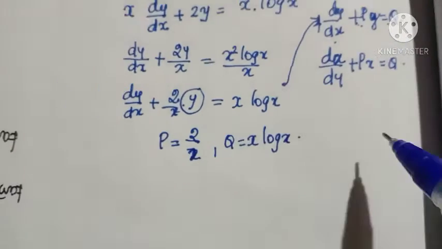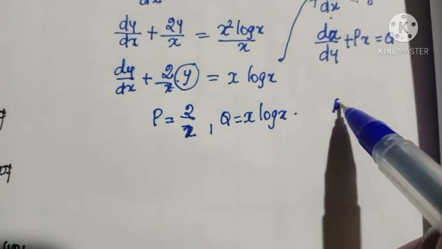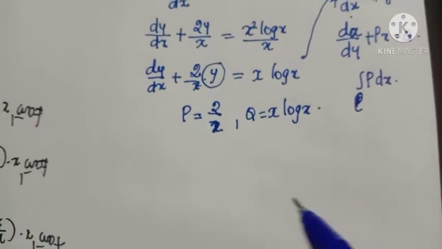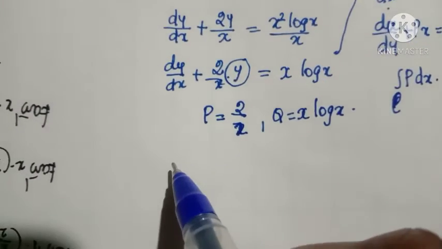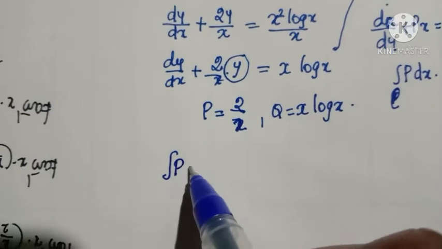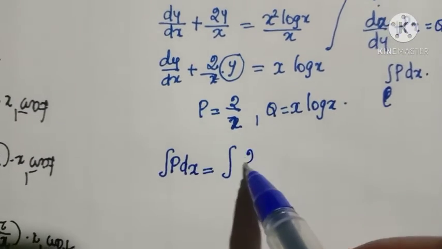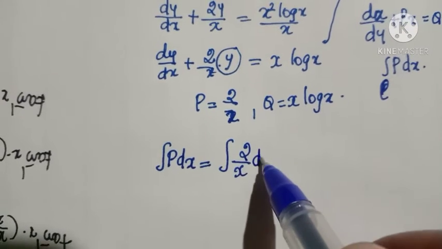Now find integrating factor. Integrating factor is e raised to integral p dx. So I am going to find firstly what is integral p dx. So that is integral 2 by x dx.